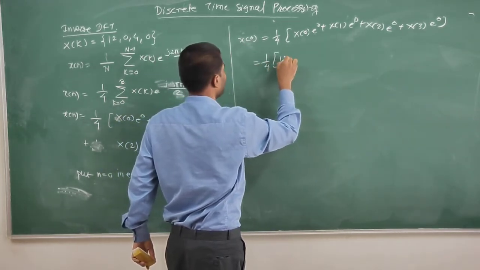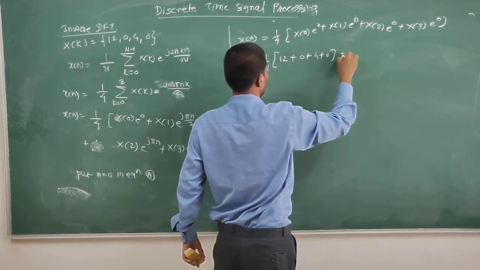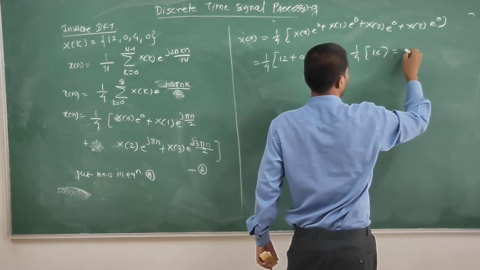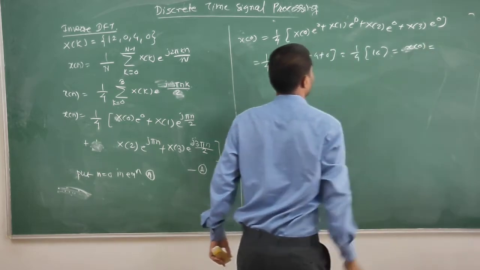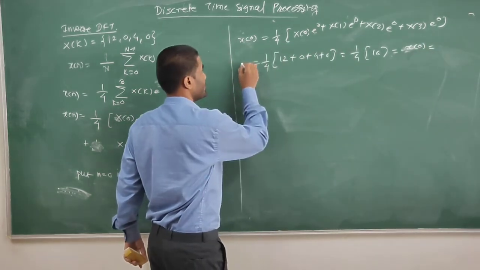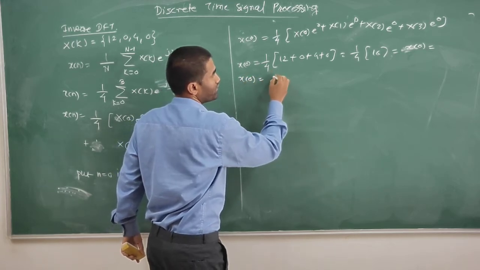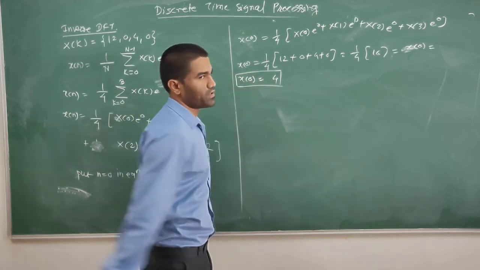That is nothing but 12 plus 0 plus 4 plus 0 is equal to 1 by 4 times 16. So x of 0 is equal to how much? 16 by 4, that is 4. So we got this one.